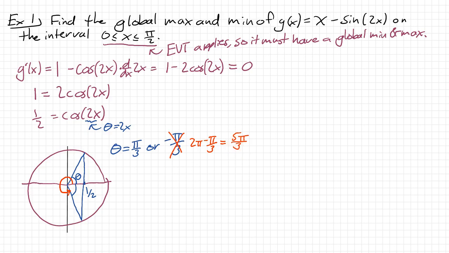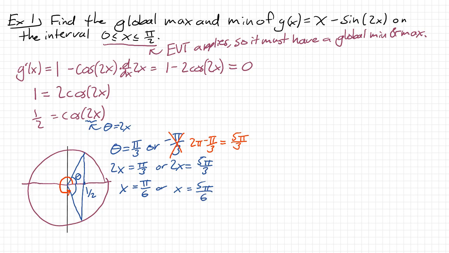It's been a little while since I've done very much trigonometry, so that's that. So then if we have that, that's really what 2x represents here. So we have that 2x is pi over 3, or 2x is 5 pi over 3. If you multiply each side of these two equations by 1/2, we'll get x is pi over 6, or x is 5 pi over 6.